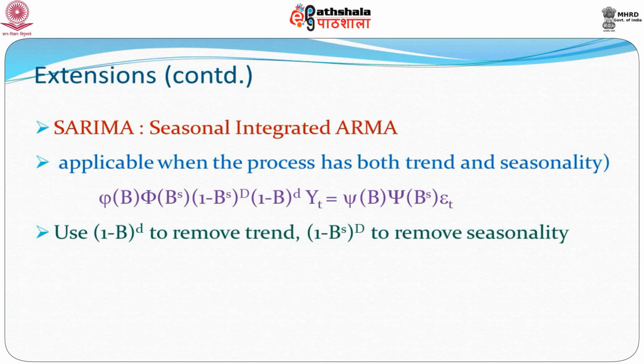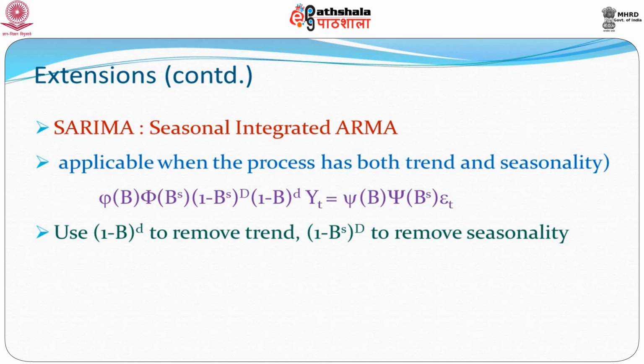Differencing would remove the trend part. 1 minus B to the power of s, whole thing to the power of D, basically this gives you, if you take capital D equal to 1, this would mean X t minus X t minus s. So, if you have an sth order seasonality, or s-period seasonality, that would be removed by this component here.